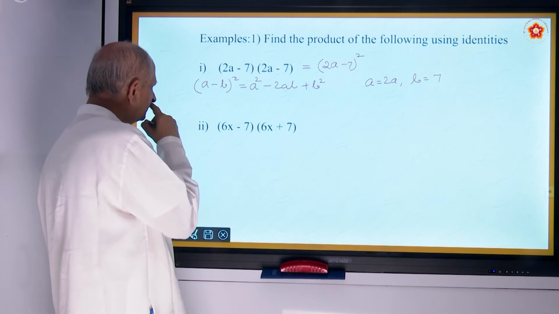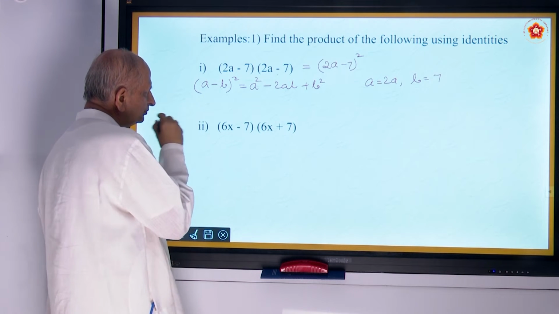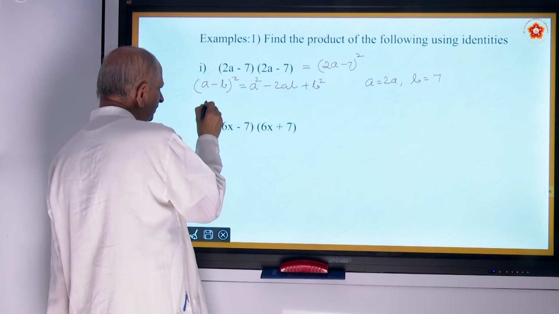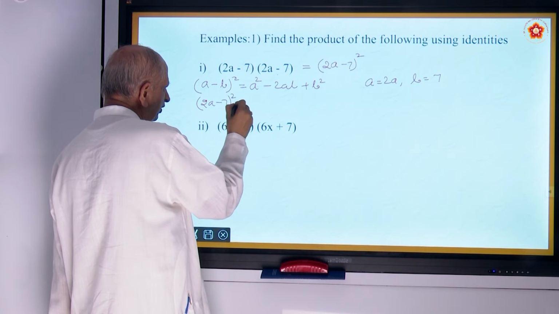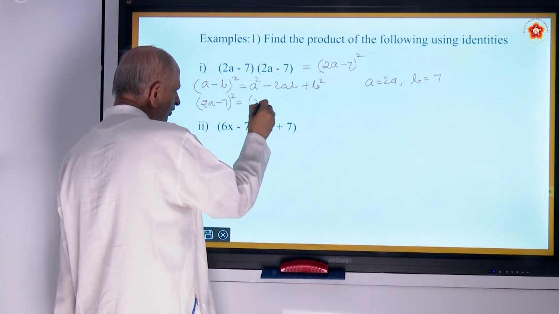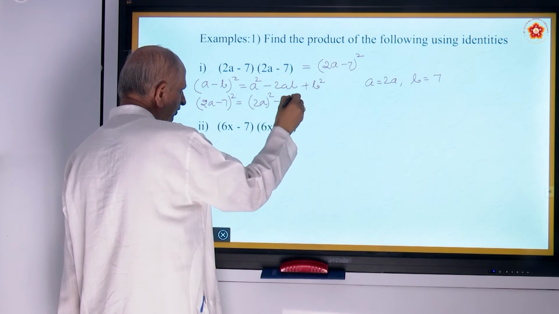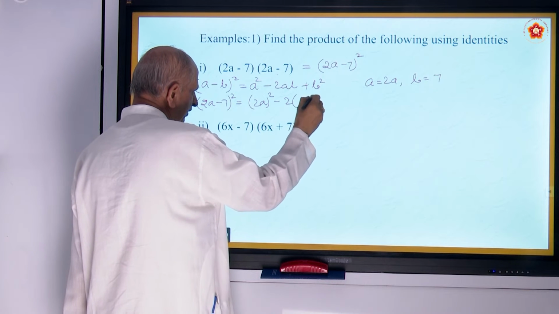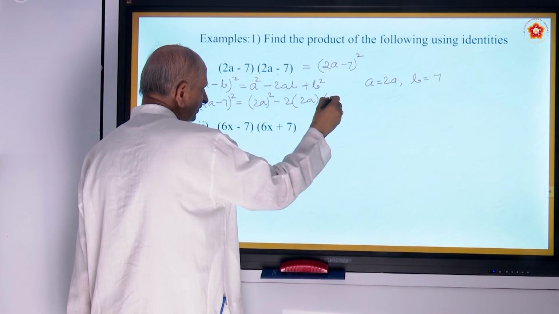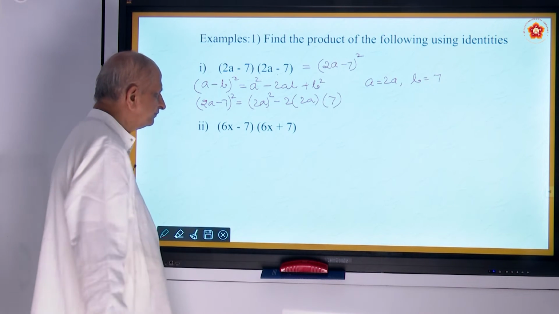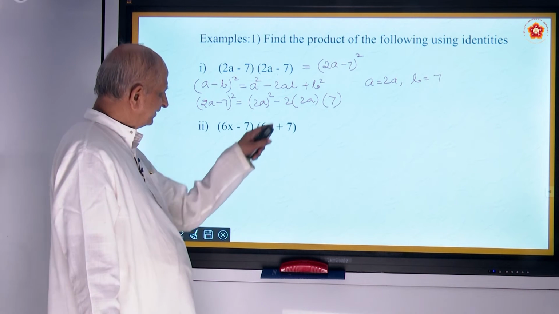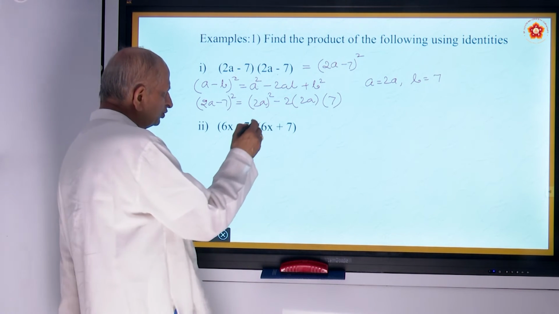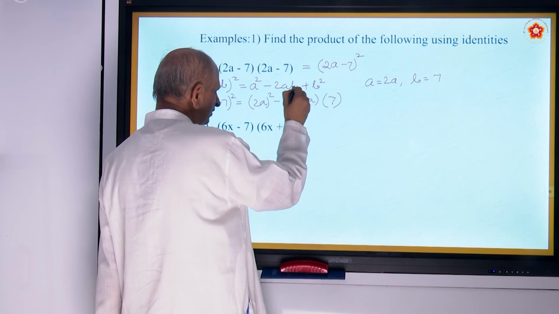Correct? So you have 2A minus 7 whole square is equal to 2A whole square, minus 2 into 2A, into B, which is how much? 7. Don't take minus 7, very important. The minus is already taken, so don't put that minus again here.